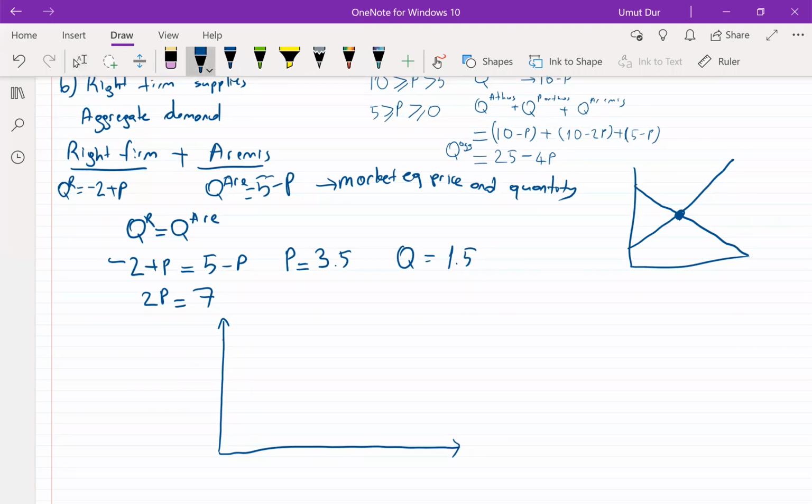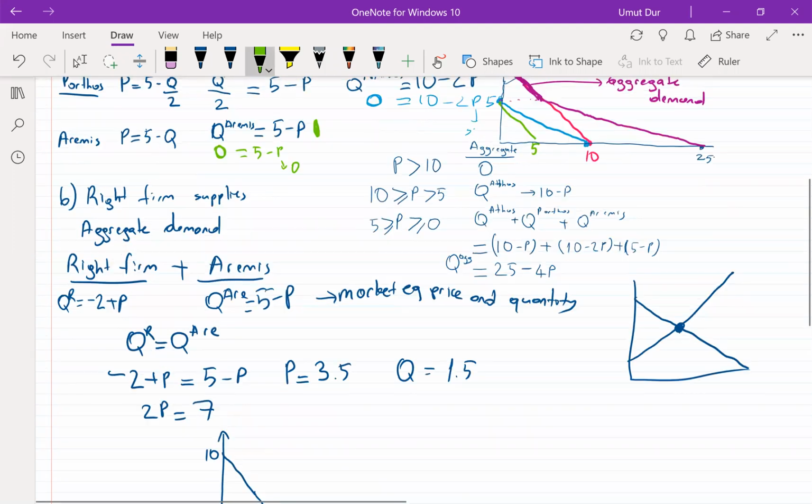Let me try to draw it. This is from 10 to 5, something like this, and then it becomes flatter, and it is kinked at 2.5. This is the kink point.